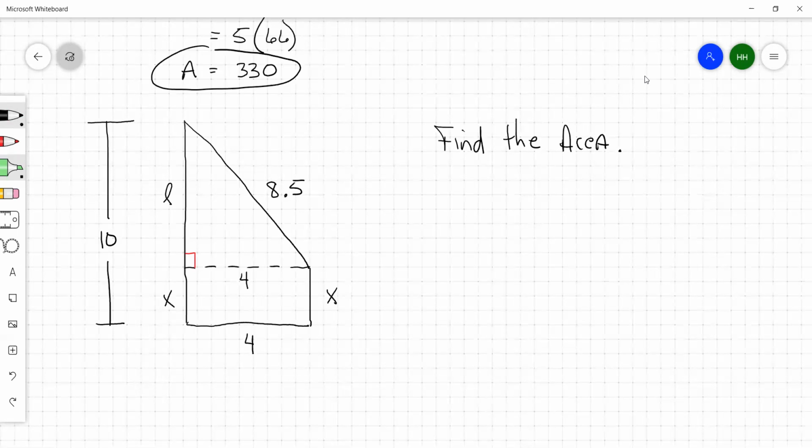Okay, so looking at this, here's your base 1, right? This is your base 2. Here's your height. Got it? So look, here's what you got to do.